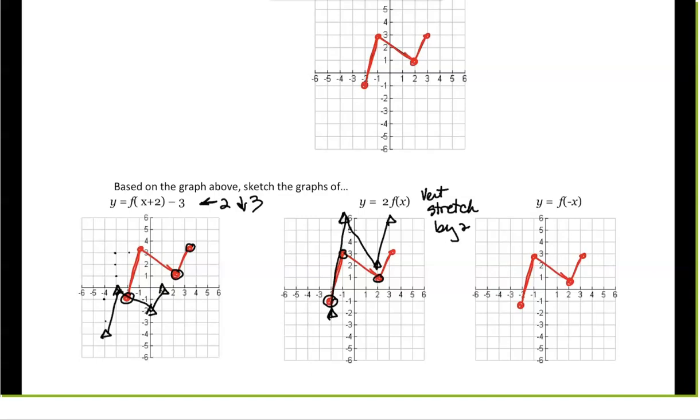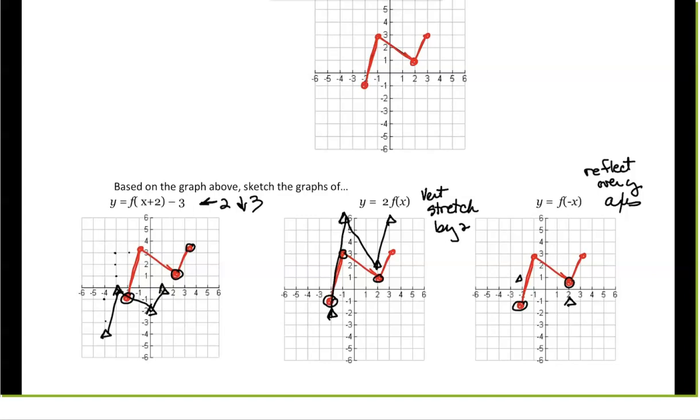All right? Okay, last one of these. This just says that I'm going to reflect over the y-axis. Okay, so if I have this point right here, and I go on the other side of the y-axis, it's going to be right here. If I have this point and I go across the y-axis, it will be here.